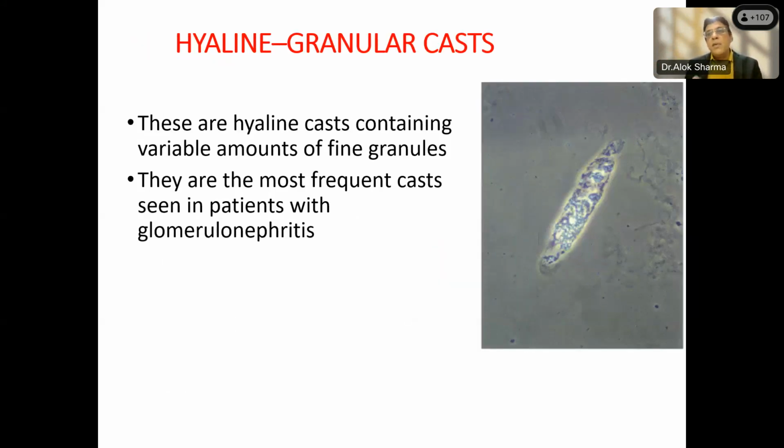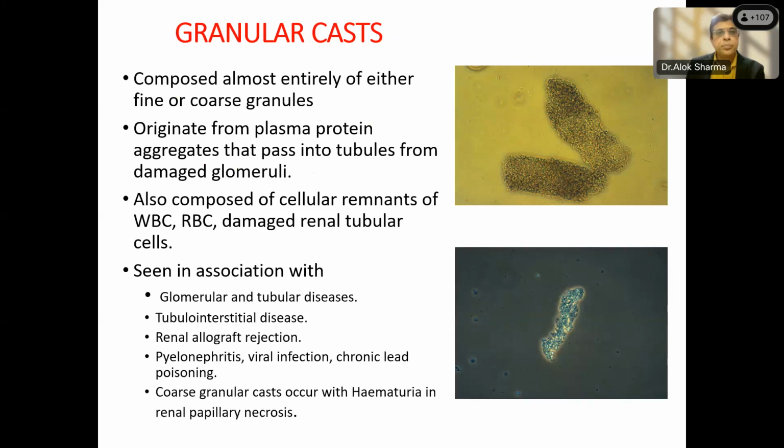Sometimes you can have a mixture of these. So you have granular elements embedded onto a hyaline cast, fine granules embedded on the skeleton of that hyaline cast. In a lot of patients with varying etiologies of glomerulonephritis, you can get these hyaline granular casts. You must have seen them in your urine examination.